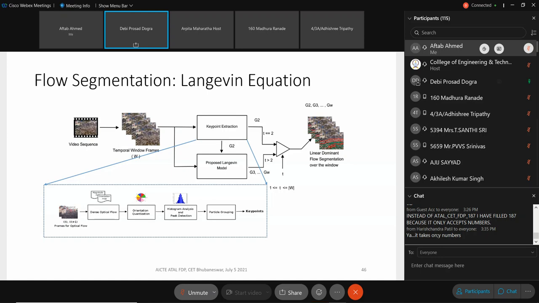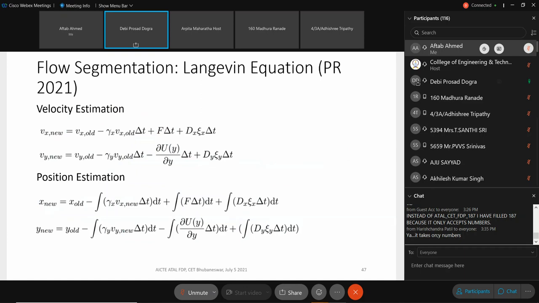Obviously there are certain restrictions applied. We cannot assume that these particles act as fluid particles, so relaxations are there. But with certain relaxations, we are able to calculate their positions without going through optical flow in each and every frame.